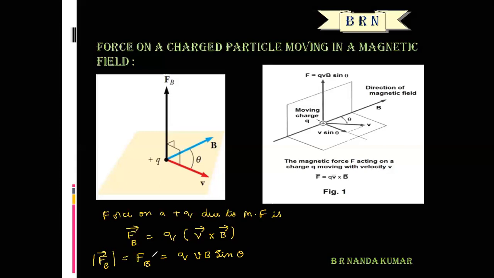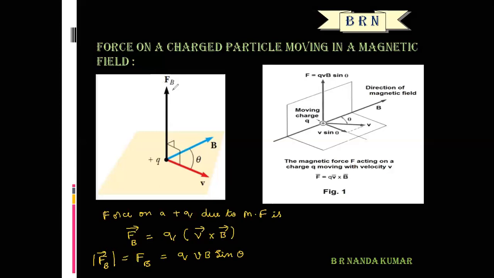The direction of this force can be determined by using the right hand corkscrew rule. The right handed corkscrew is turned such that the tip of the screw moves towards the direction of force. The head of the screw turned gives the direction of rotation of the vectors.